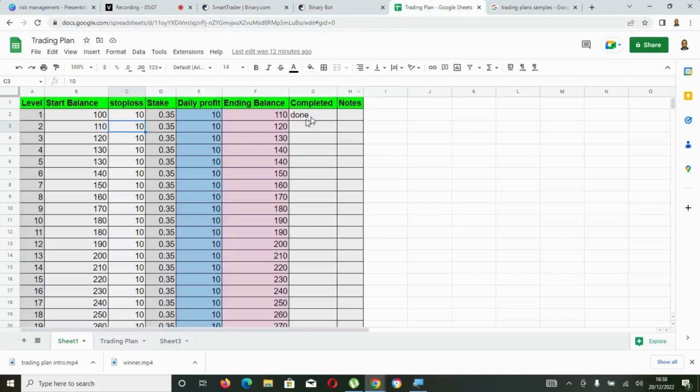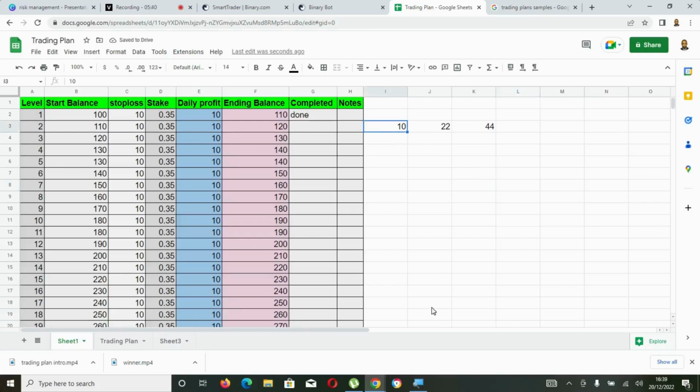So number two is my stake. I always begin with 0.35. For instance, if you have $100 and your stake is 10, that means if this bot loses maybe 3 times, then your account will be depleted, because once it loses 10, it's going to buy 22. Once it loses 22, it's going to buy 44, because our martingale factor is 2.2.